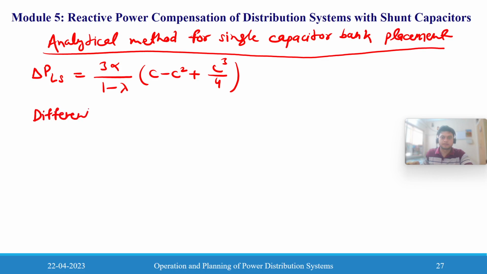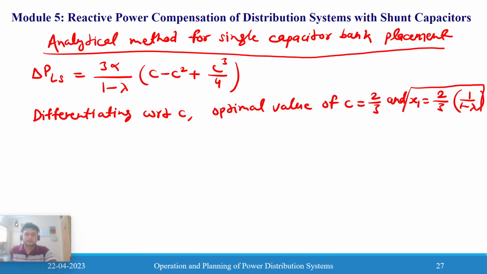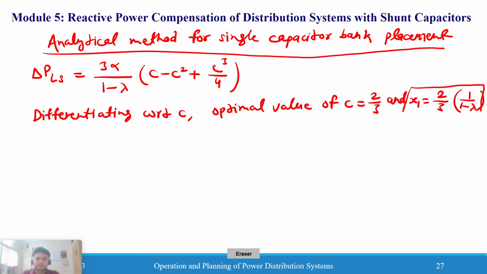Differentiating with respect to C and equating to 0 will give the optimal value of C. Optimal value of C will be 2/3, and x1 is equal to 2/3 times 1 divided by 1 minus lambda. These two are very important terms.